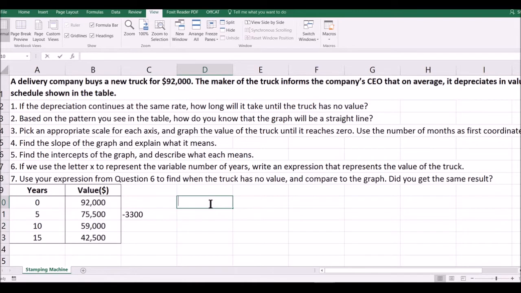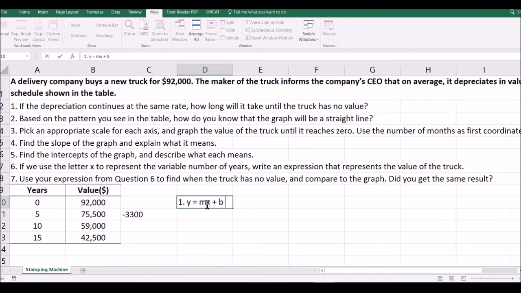So for that first one, y equals mx plus b. And so for this one, we have a starting value of 92,000, so that's the b. We have a slope of negative 3,300, so that's the m.